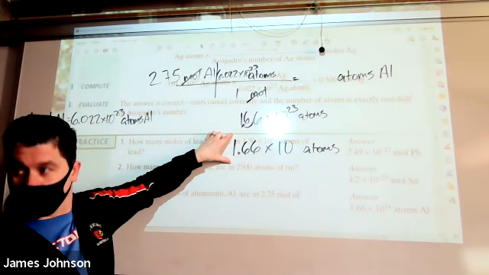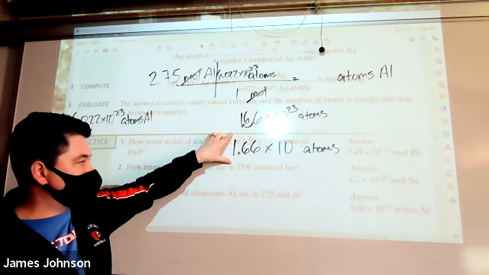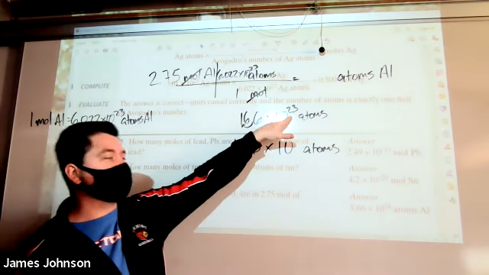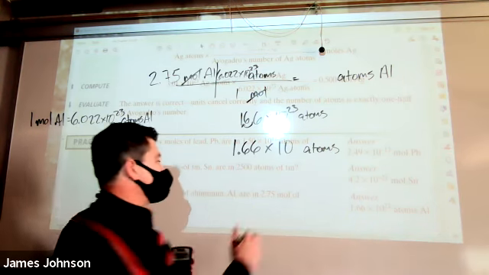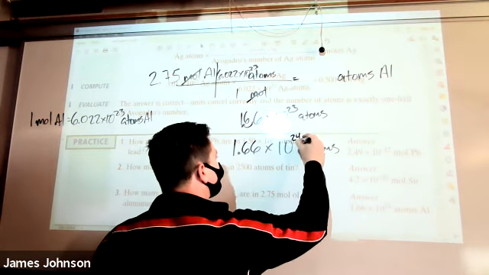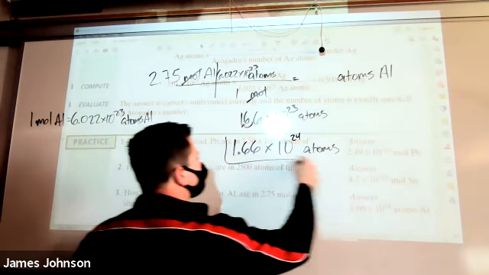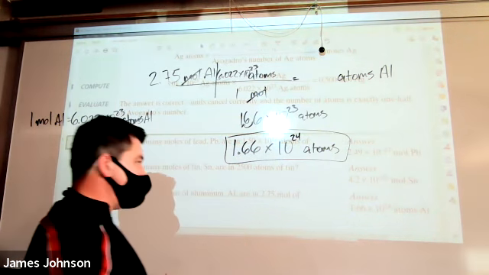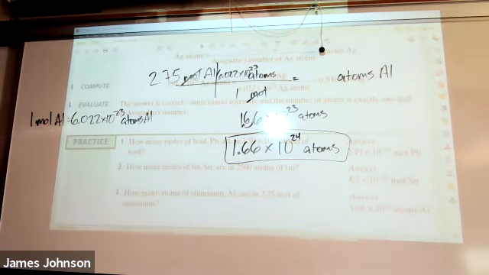It got smaller. So in order to balance that out, this number needs to get bigger by 1. Because remember, I'm not allowed to change the value of that expression. All I can do is change the way I represent that information.